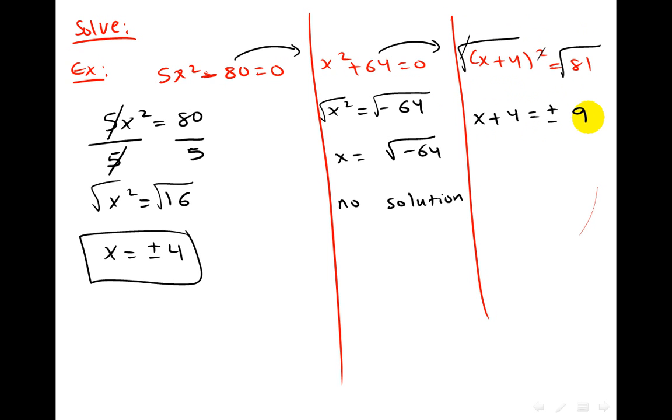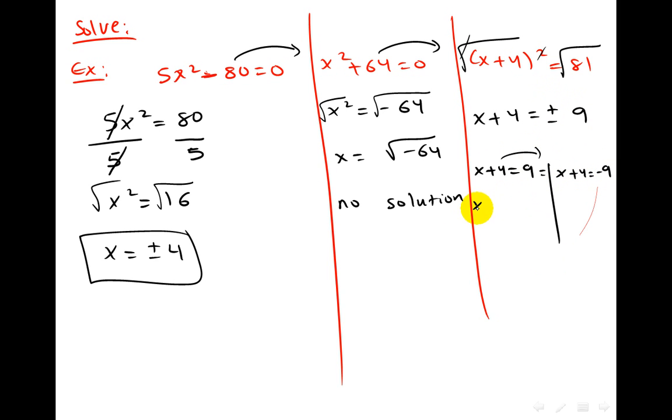Now you'll have two different cases. For the first case will be when 9 is positive, and the second case is when 9 is negative. So here I'll say x plus 4 equals to positive 9, and in the second case I can say x plus 4 equals to negative 9.